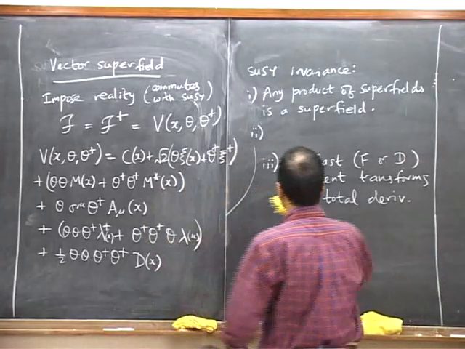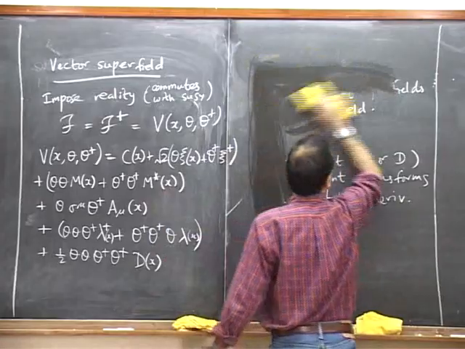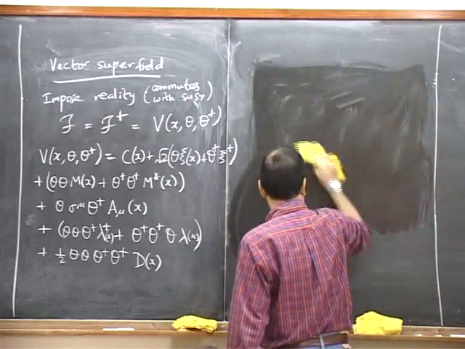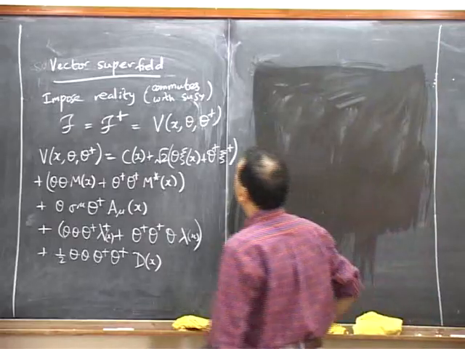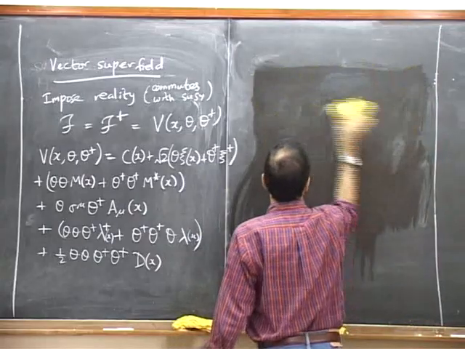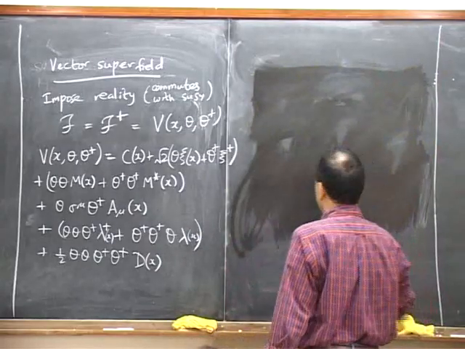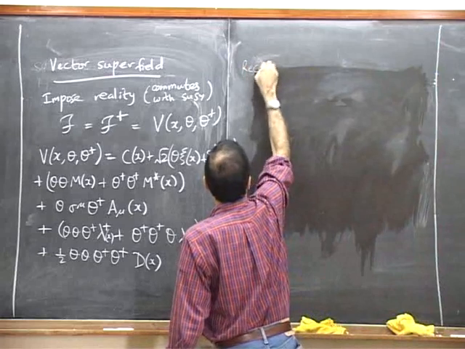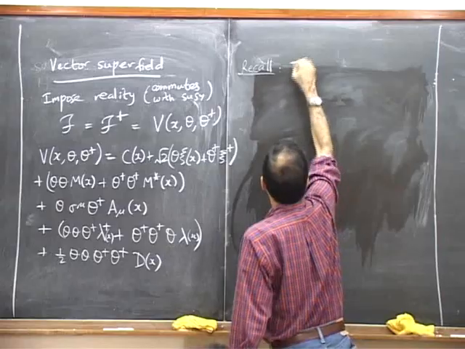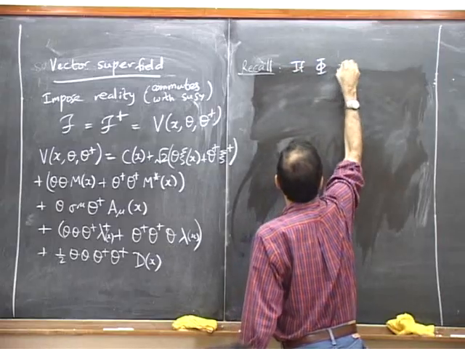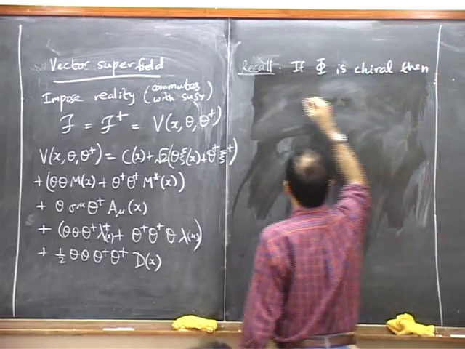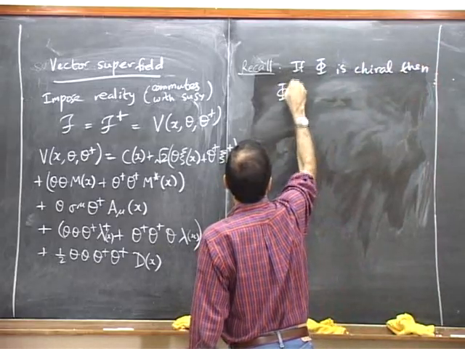Now, actually, although I've just introduced vector superfields, we've actually seen them implicitly without recognizing them for what they are, because recall that if phi is chiral, then we used the quantity phi dagger phi.